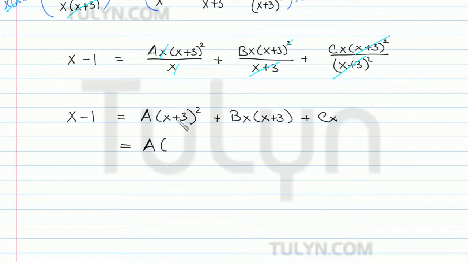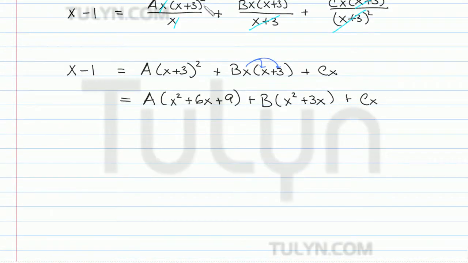So foiling x plus 3 squared, we get x squared plus 6x plus 9, plus B, I'm going to distribute just the x into the sum. So we get x squared plus 3x, and then Cx. So now I'm going to distribute the A and B into their respective sums.